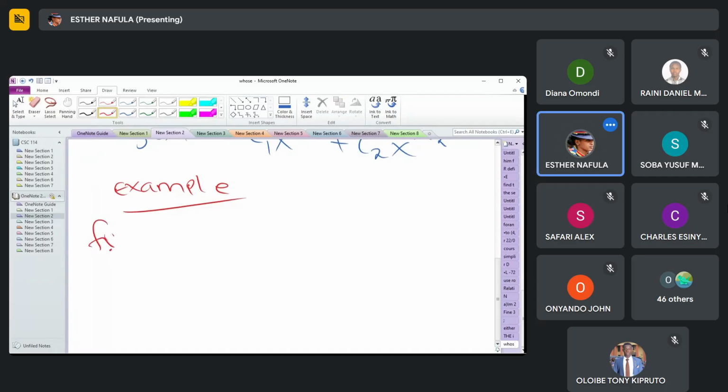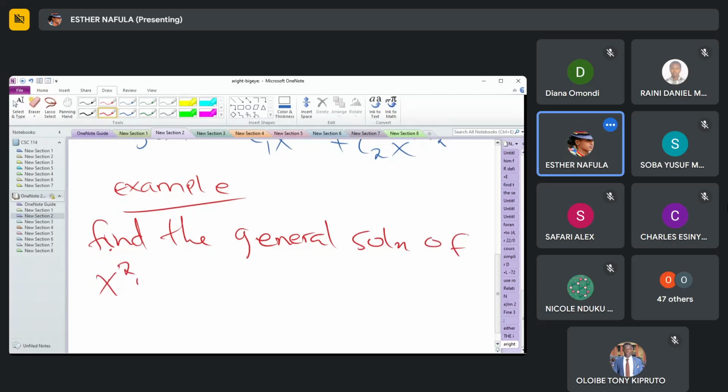Find the general solution of x squared y double prime plus 3xy prime minus 3y equals 0.